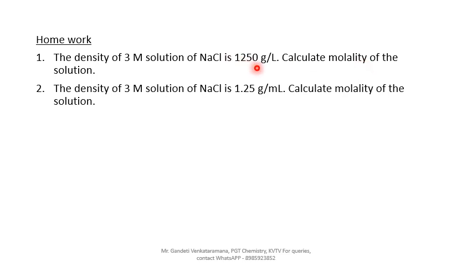Look here, the density is in gram per liter. The same question is given again, but I changed it: here the density is in gram per ml. So first convert it to gram per liter, which is 1250 gram per liter. Then apply the formula. Just try to solve the question. You can solve it, I know.